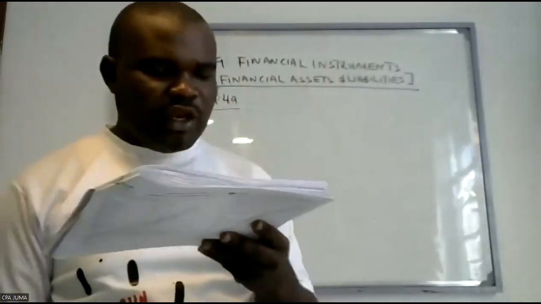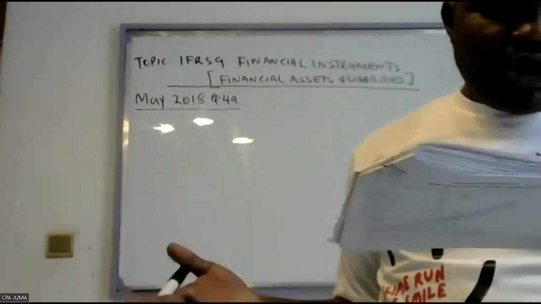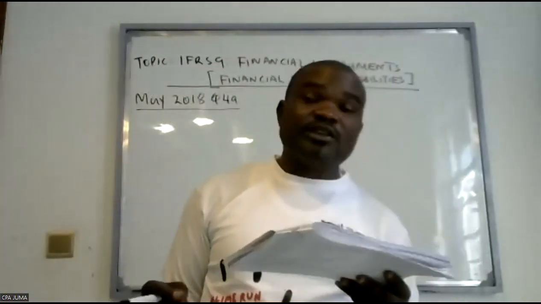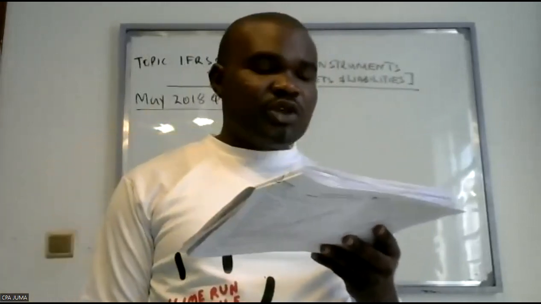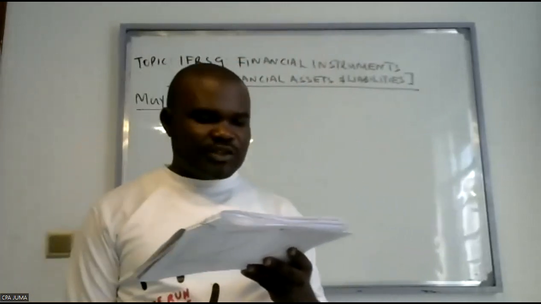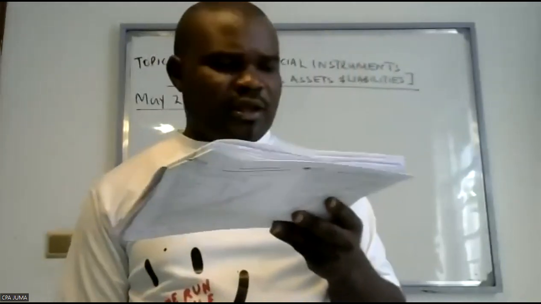E Limited issued a bond for shillings 200 million on 1st January 2018. Interest on the bond is payable in arrears on 31st December each year at the rate of 12% per annum. The bond will be held to maturity and redeemed on 31st December 2020 for shillings 258.24 million. The effective rate of interest is 20% per annum.